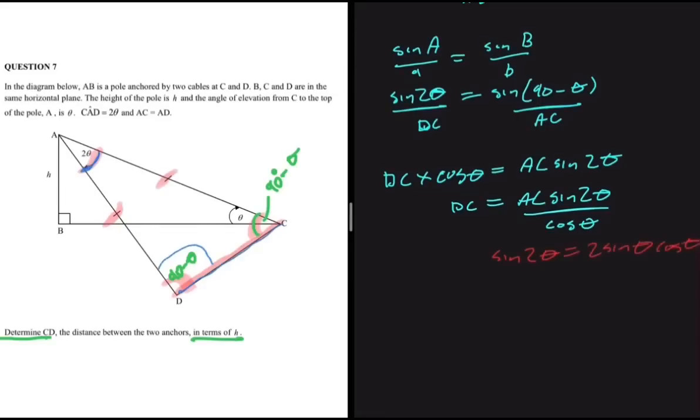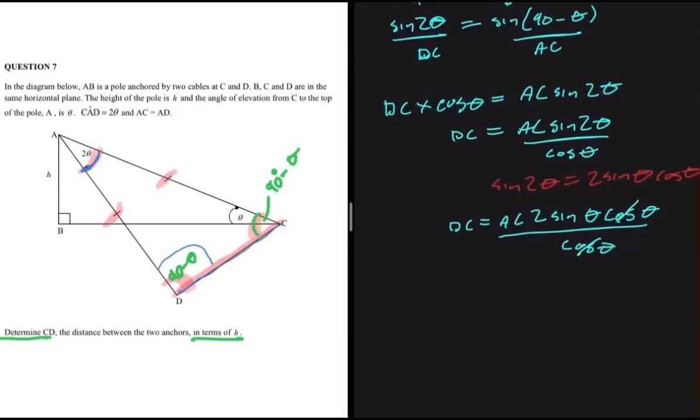So we can just substitute that in. We're going to get DC is equal to AC 2 sine of theta cos of theta, everything divided by cos of theta, right? And now it's easy to see that cos of theta and cos of theta cancel out. So now we have DC is equal to basically 2 AC sine of theta, right?